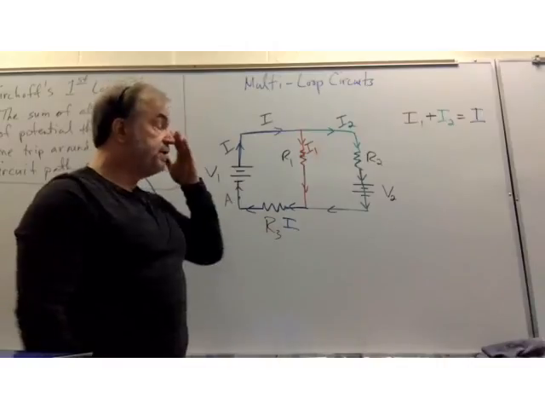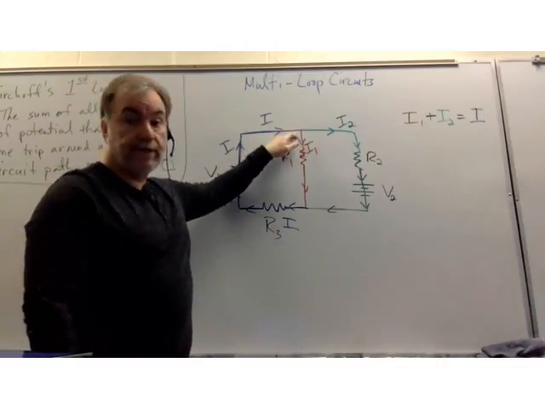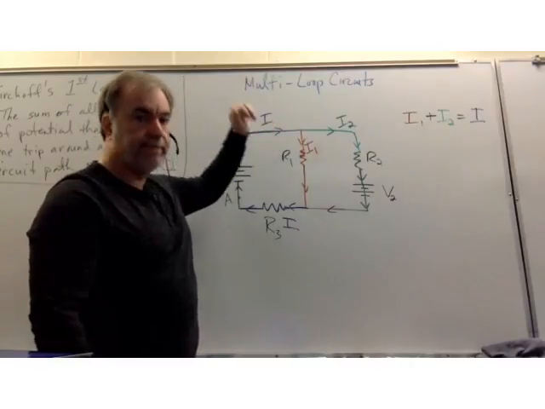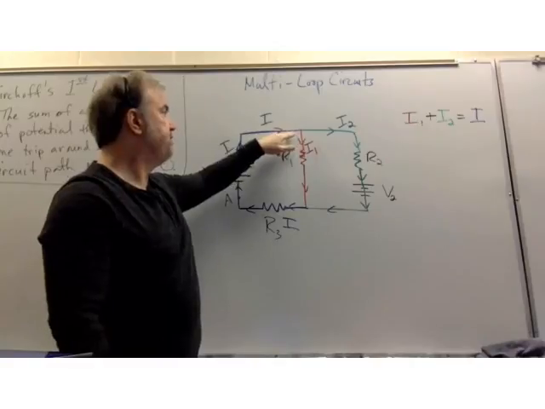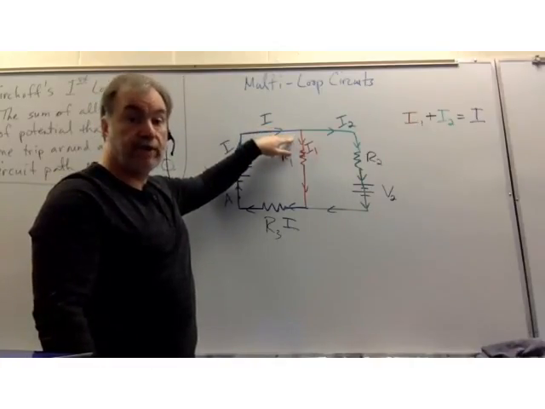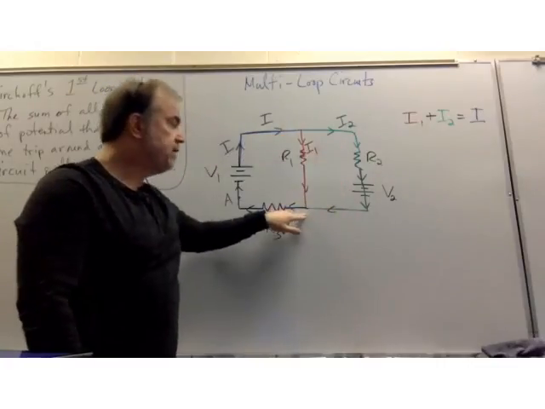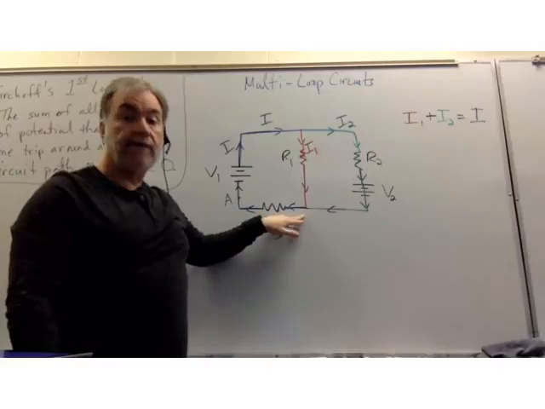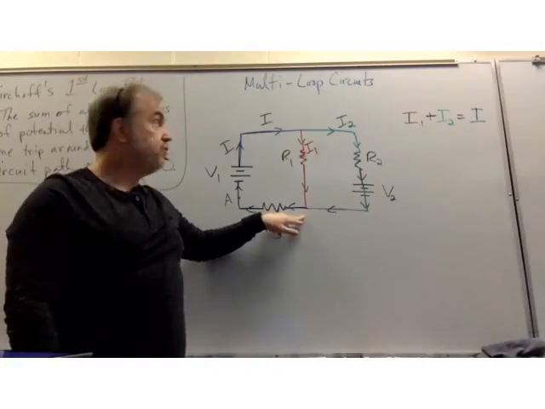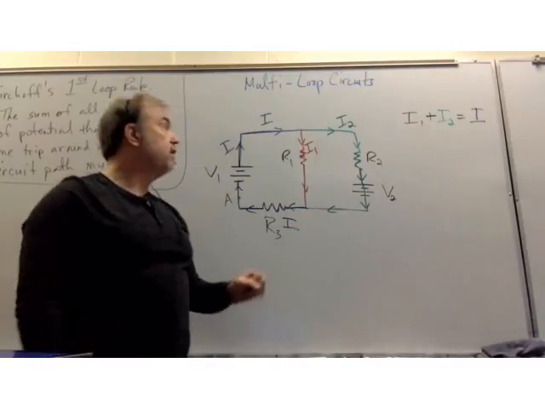And in particular, in this application, that means whatever charge goes in, and current is nothing but a bunch of moving charges, or to speak in terms of circuits now, whatever current goes into a branch point, that same amount of current must come back out of that branch point. Okay? That's conservation of charge. Whatever goes in has to come out.